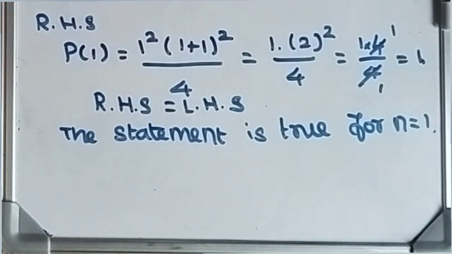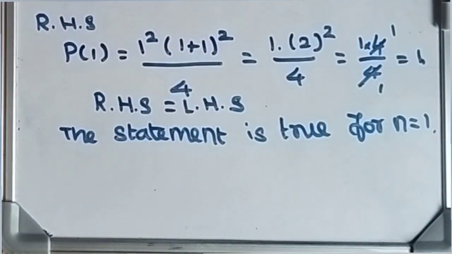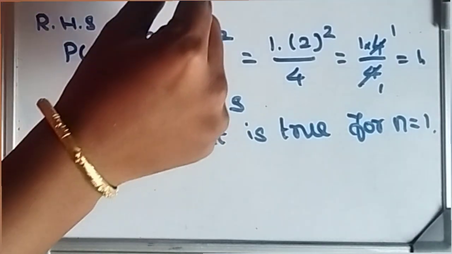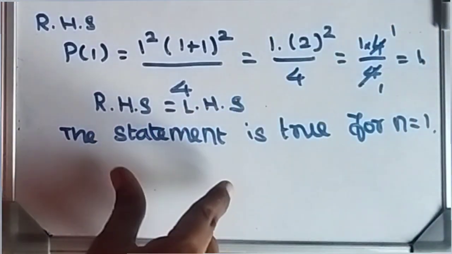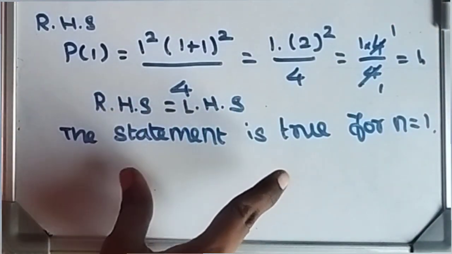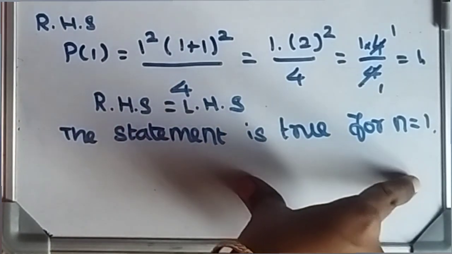If you are going to prove something by mathematical induction, the statement has to be true for different numbers n. So initially we put n equals 1. So this is the first step. The first step is, we have to put n equals 1 and verify that both the left hand side and the right hand side are equal. So it is equal, so we can say that the statement is true for n equals 1.